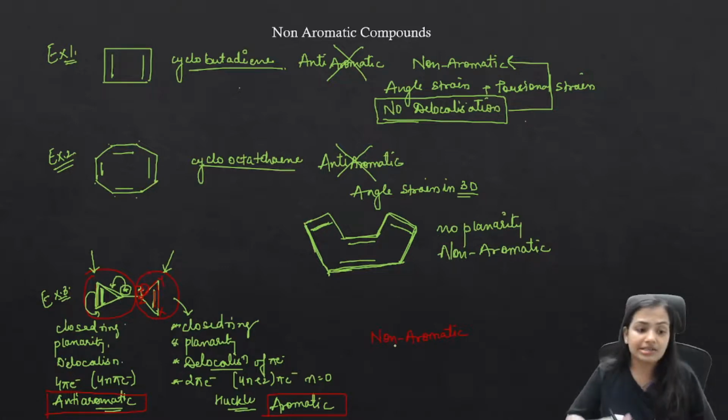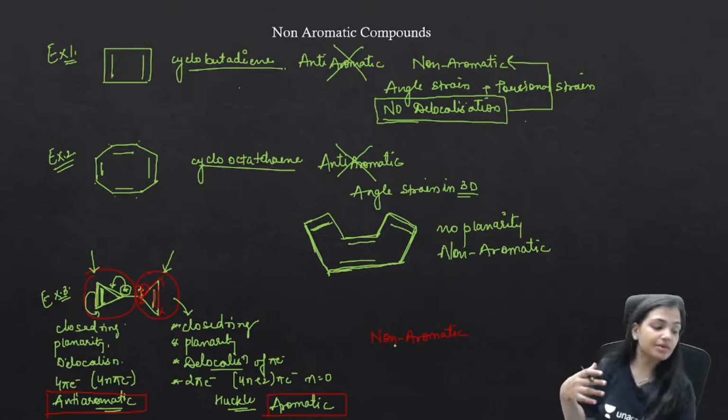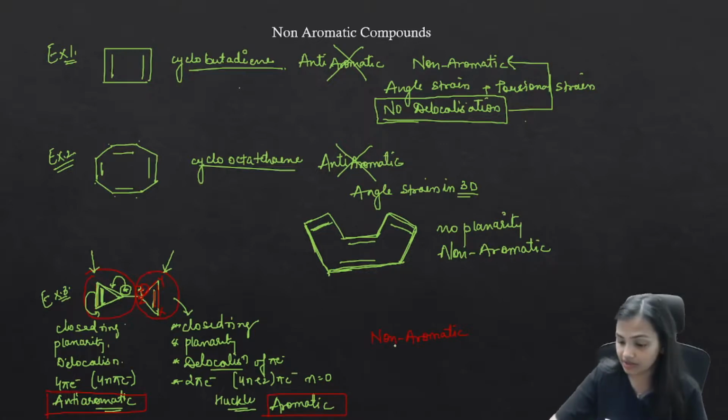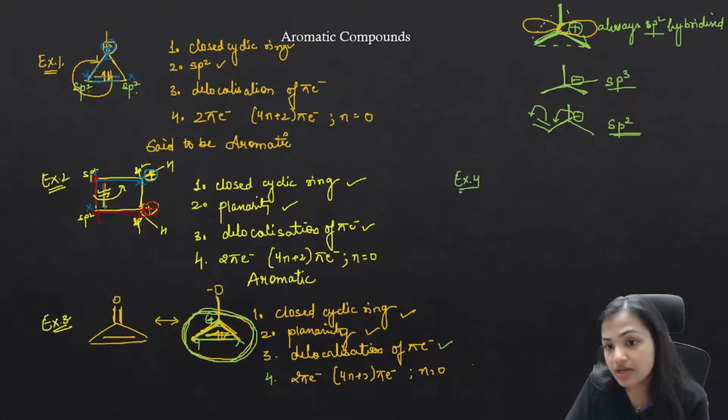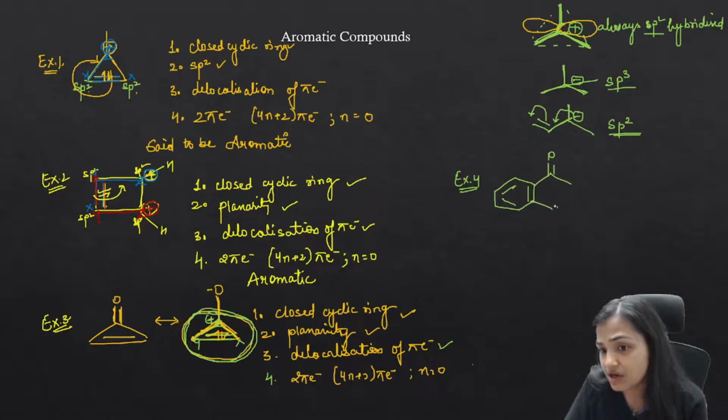But at the same time, let me tell you, if you have any kind of benzenoid compounds, let me take example number 4. Let's say you have any kind of benzenoid compound where we have a benzene and any other part like this or this.